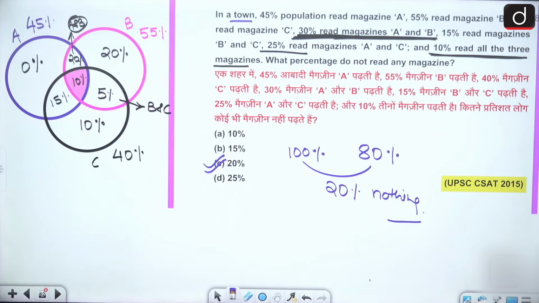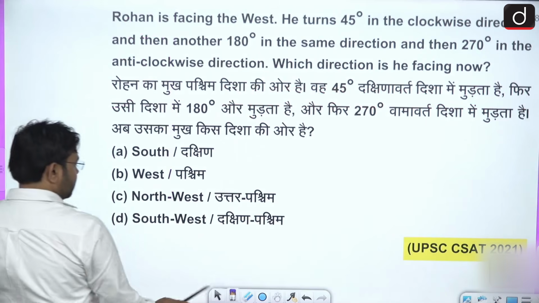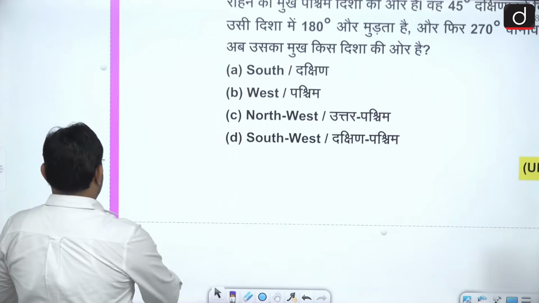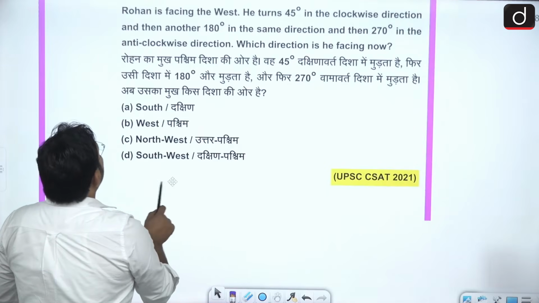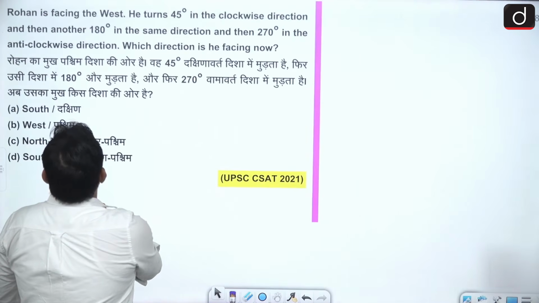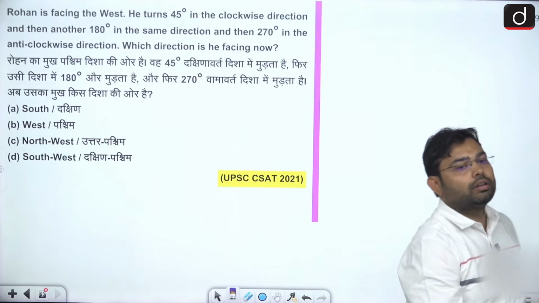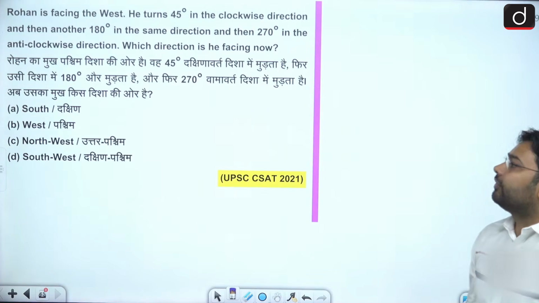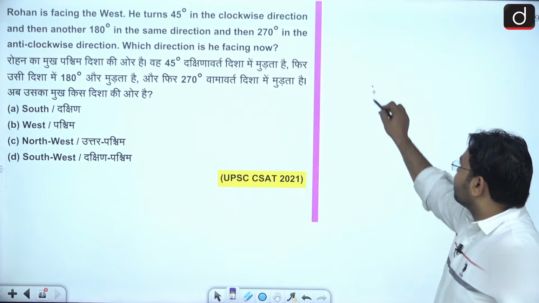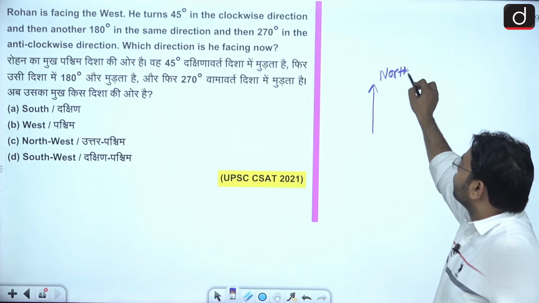Now try to solve this one. How many of you can solve this? If you are facing the screen, it means you are facing north.